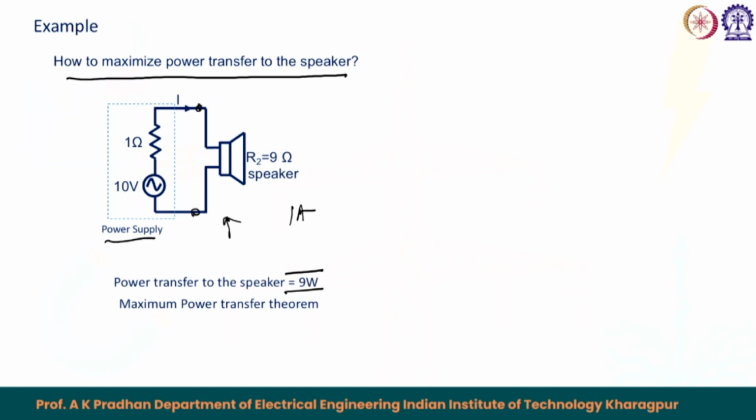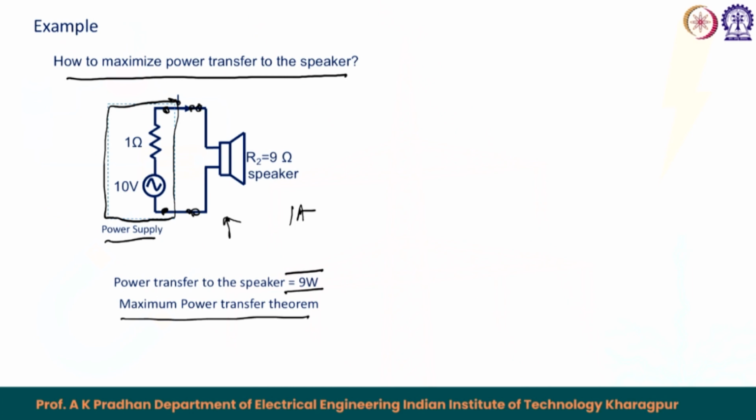Now, the challenge, as mentioned, is to maximize the power transfer to the speaker, so that the performance of the speaker can be enhanced. In this sense, we know the maximum power transfer theorem says that for this source the maximum power transfer can happen if the load impedance becomes equal to 1 ohm.